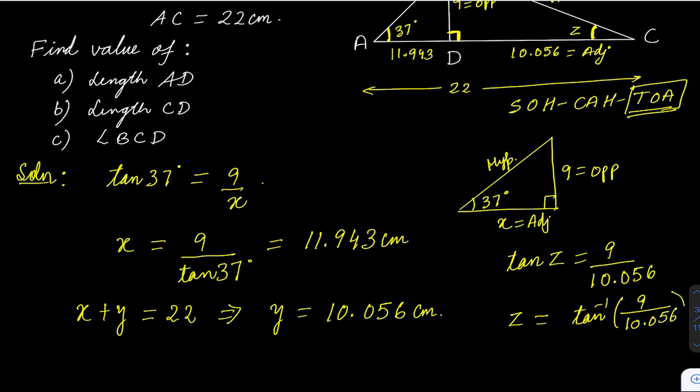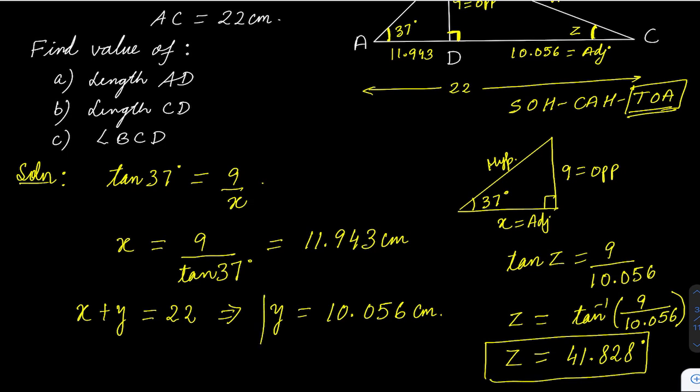So this is basically what we use to find the angle. So there must be a button in your calculator. So tan inverse of 9 divided by 10.056 gives me 41.828 degrees. So this is my z value.